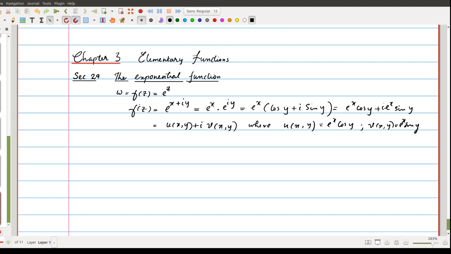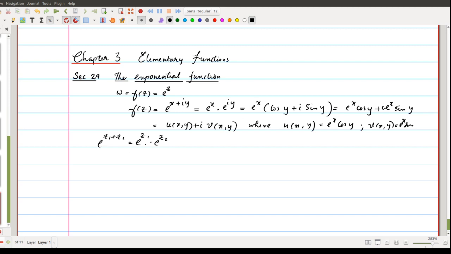And all the properties of real exponential functions can be extended to this. That is, e to the power z1 plus z2 can be written as e power z1 times e power z2. This can be easily verified using this definition itself, e raised to x times e raised to iy, by putting z1 is equal to x1 plus iy1 and z2 as x2 plus iy2.